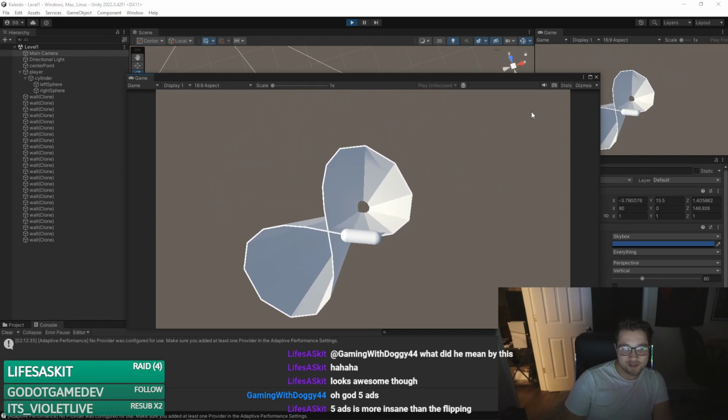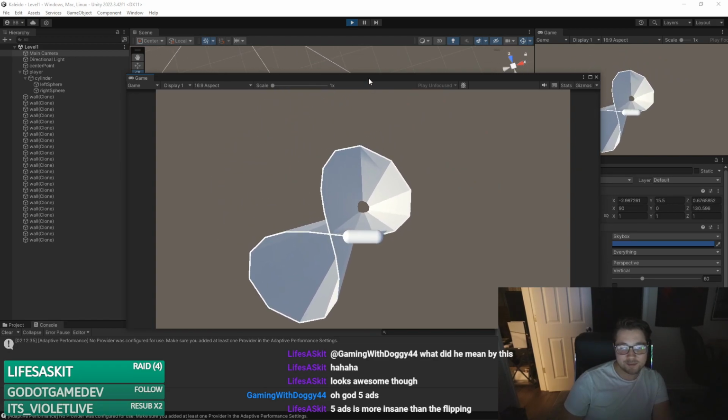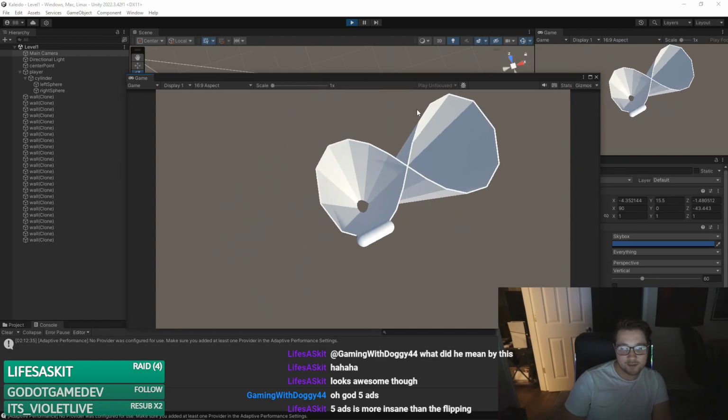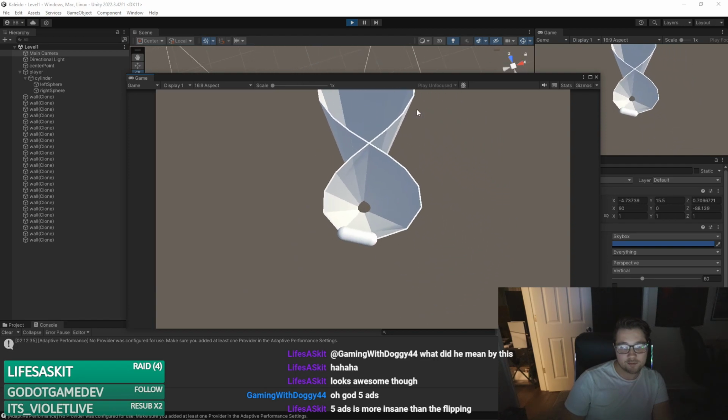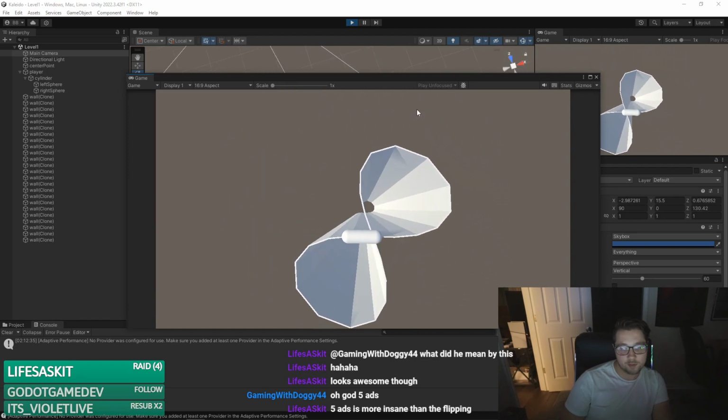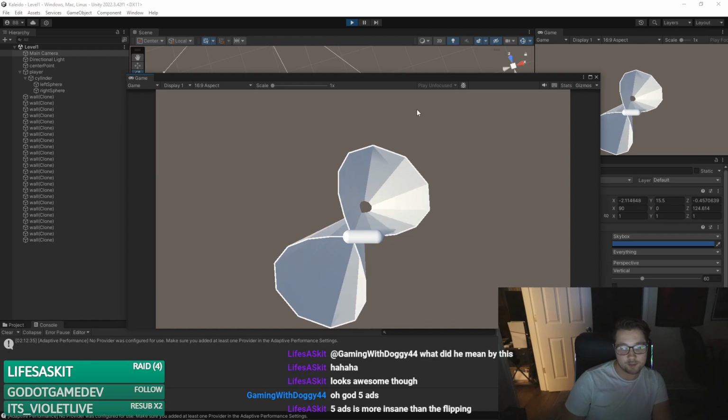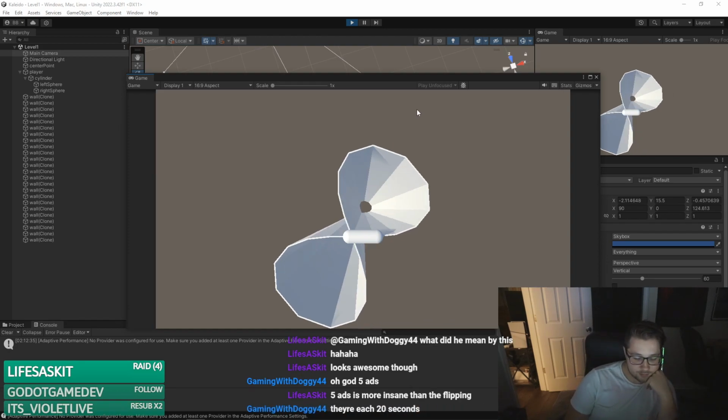And the flipping's pretty insane. It's pretty messed up. So yeah, we're trying to fix that tiny issue, and we'll wait for these ads, man. I don't know what's up with that. They're each 20 seconds, and they're all unskippable, and half of them are the same ad. I guarantee you. Jesus Christ. At least 2 of them are the same ad.